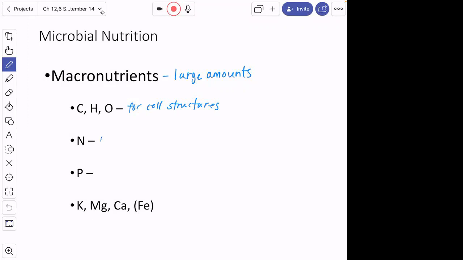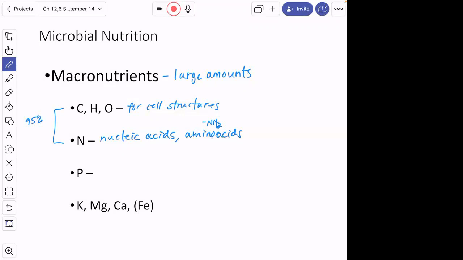Nitrogenous bases is one, so lots of nitrogen in nucleic acids, lots of nitrogen in amino acids, because they've got that NH2, an amino group there. So those are two examples, lots of things with lots of nitrogen. About 95% of a cell's dry weight is made up of those 4 elements. So that's kind of the lion's share of what is needed.